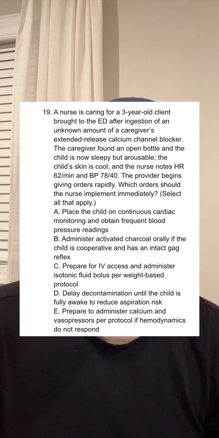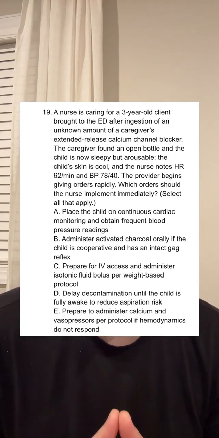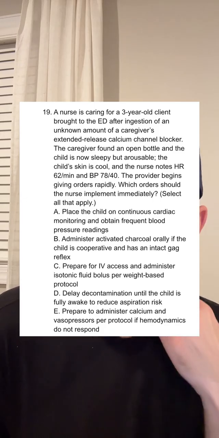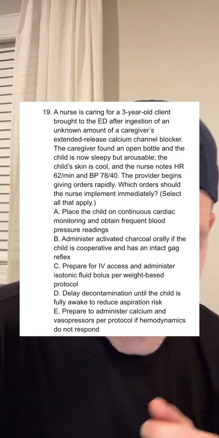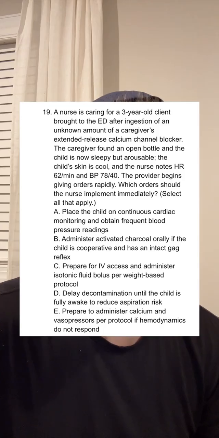All right, guys, let's look at 19. The answer here for 19 is A, C, and E. We need to intervene with this patient. Symptomatic bradycardia and hypotension after a high-risk ingestion is going to require immediate monitoring and hemodynamic support with rapid escalation readiness.